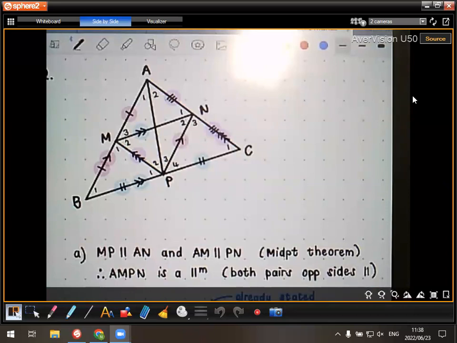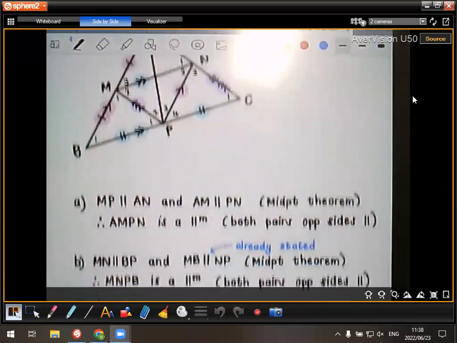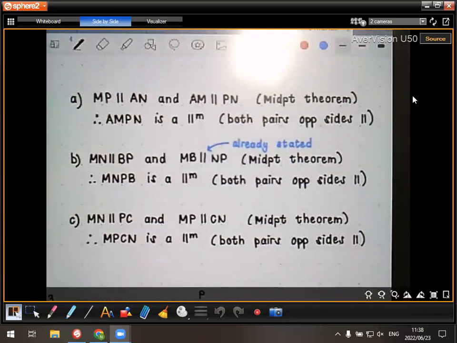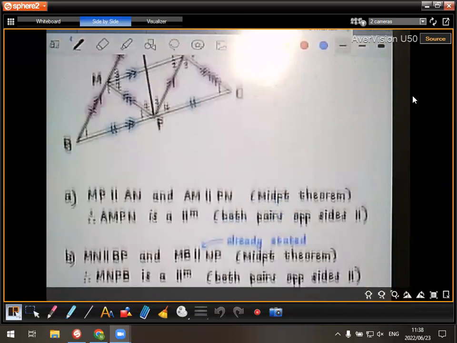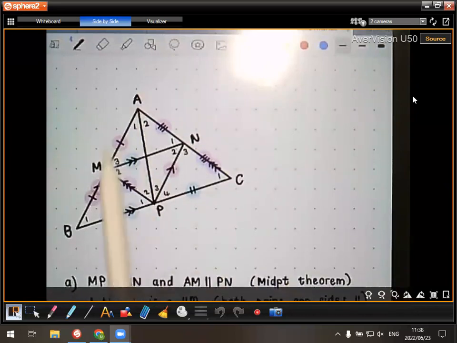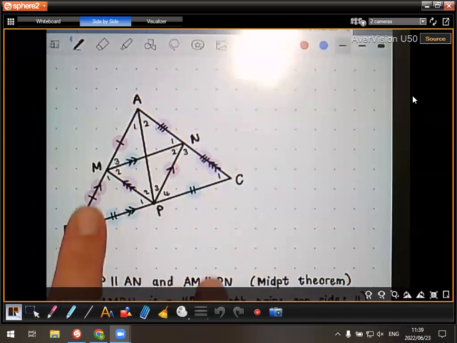All right, guys. So you'll see that my solutions for all 3 of these, where you have to prove that they are parallelograms, are basically the same. So for the first one, I'm quickly going to go back up. AMPN. Those 2 sides are parallel, right? I put my parallel symbol there. Those 2 sides are parallel because MP is the line joining the midpoints of these 2.